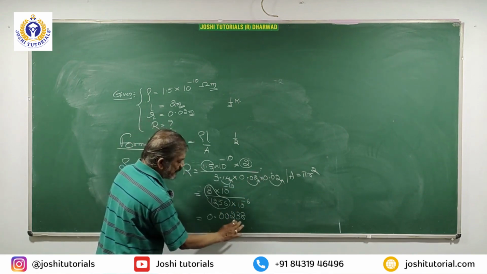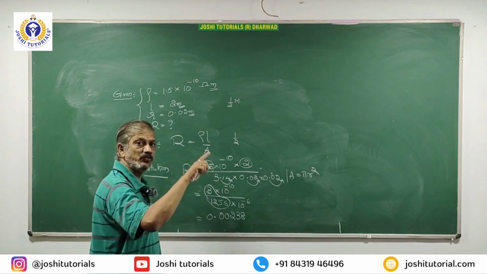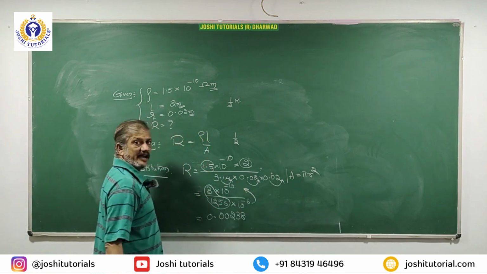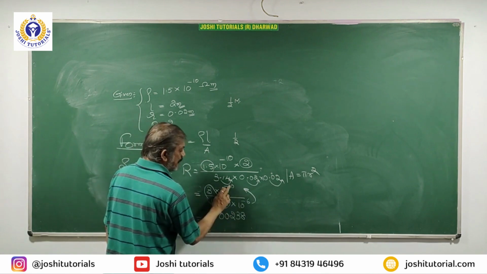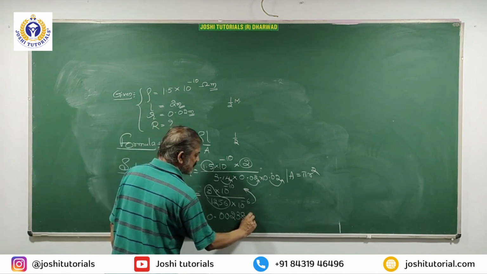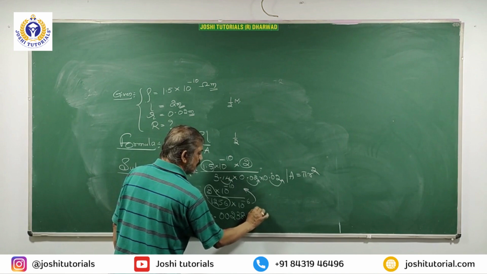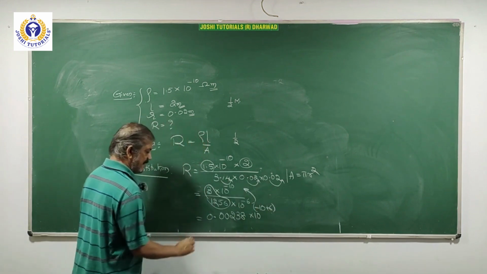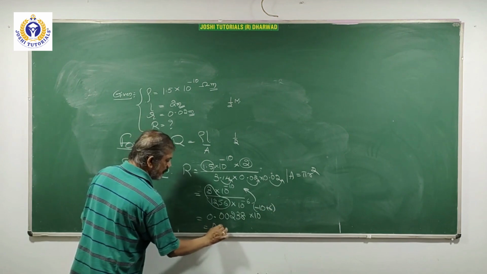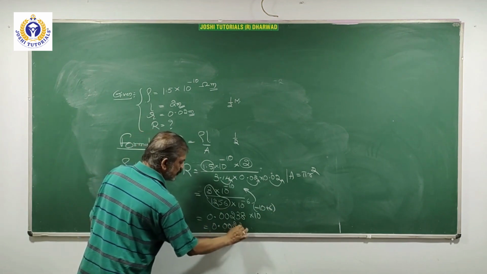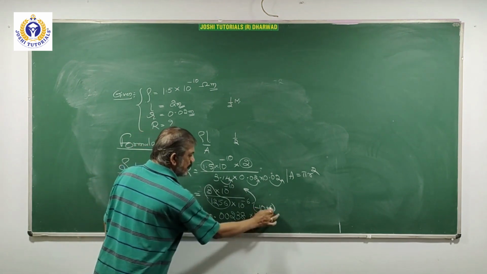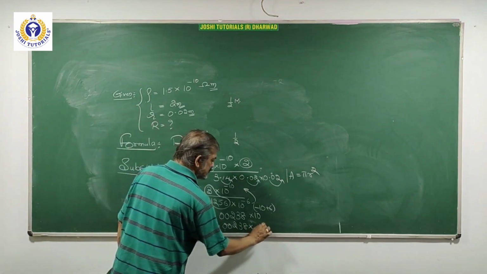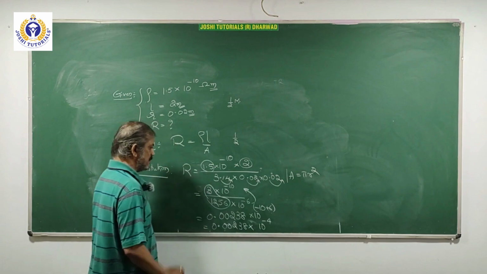So I have stopped by taking 3 digits, 238. Minus 6, when you shift it according to exponents, minus 10 plus 6. Next step, 0.00238, 10 raised to minus 10 plus 6 is minus 4, that is 10 raised to minus 4.